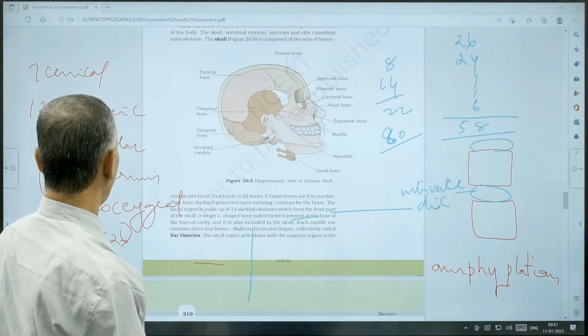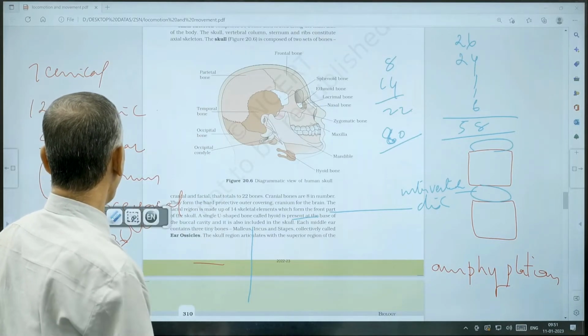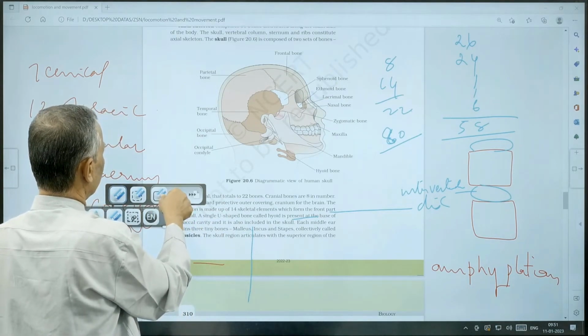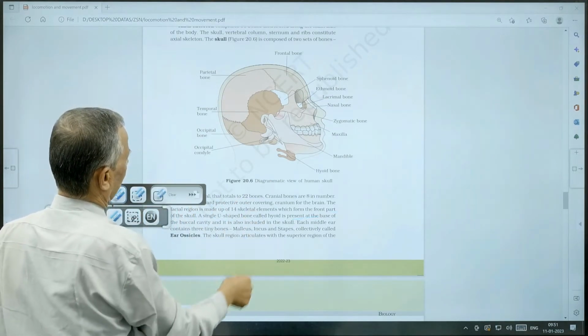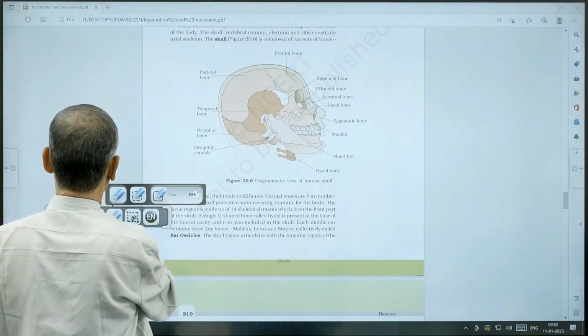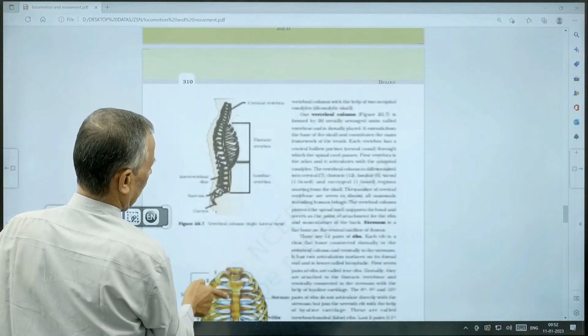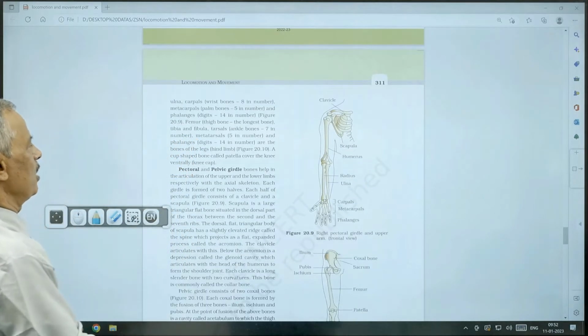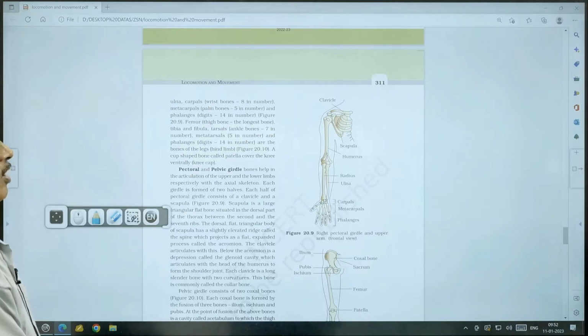What is the appendicular skeleton? Bones of the appendages. They are all connected to the main axis, that is why they are called appendages. It consists of the bones of our limbs and their girdles. What are girdles?